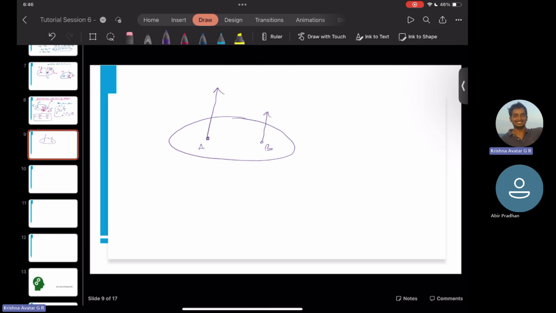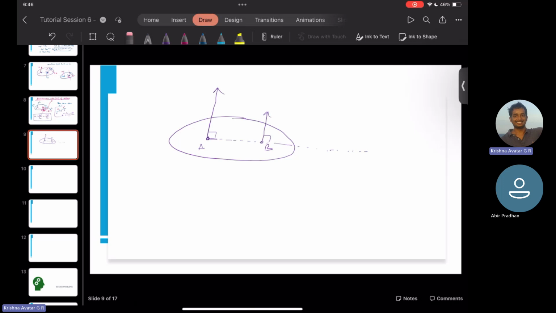In this case, what we'll do is we will join these points A and B, right? And of course, the velocities will be perpendicular to this line joining A and B, because there is no relative motion along it and both are parallel. And even if they are not, it doesn't matter.